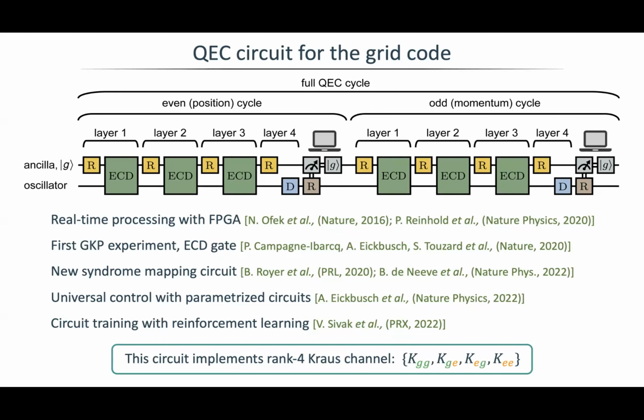In principle, you can displace very far, get very fast gates, but then you enhance different nonlinear processes. Where the middle ground is, or where the best fidelity for the gate is, we don't know. So this is something that reinforcement learning chooses from data. And there are a few other things like that.